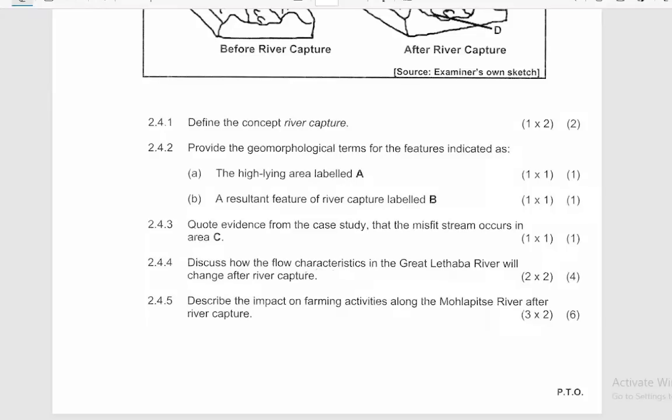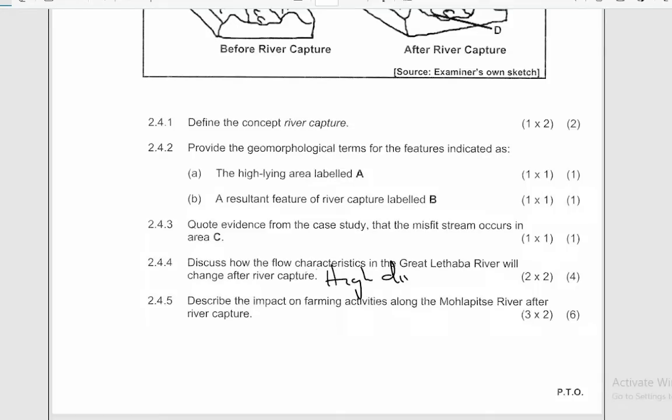So what you need to note there, this one here is captured water from the weaker stream. It means automatically its flow feature will now be having high discharge. Why does it have high discharge? Because of the headwaters captured.